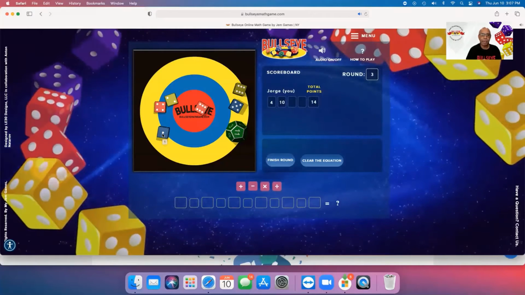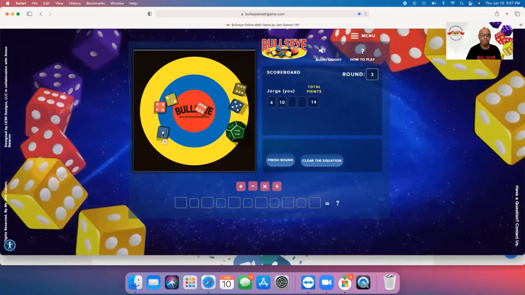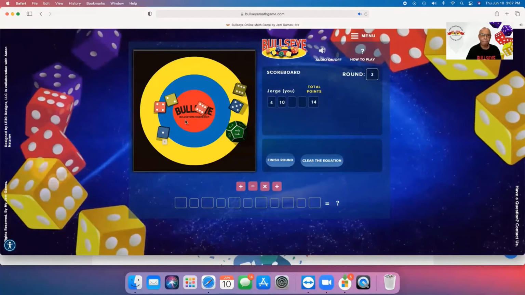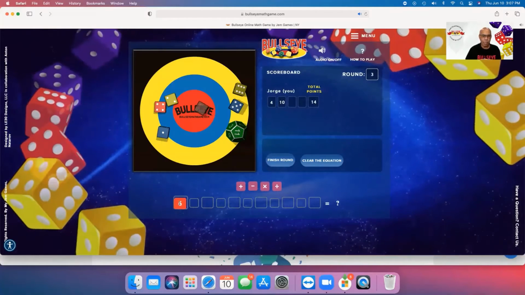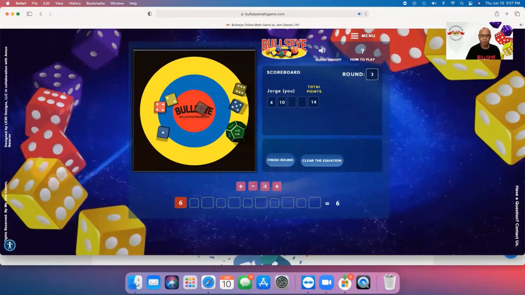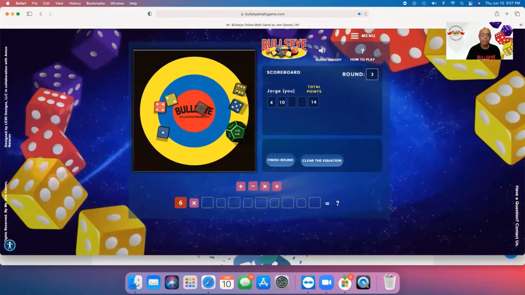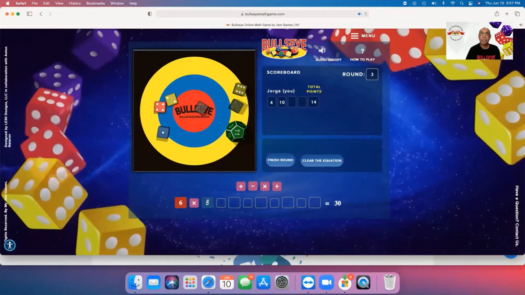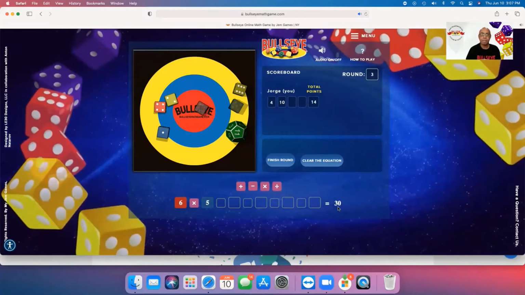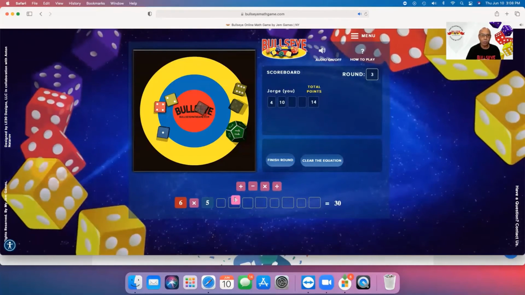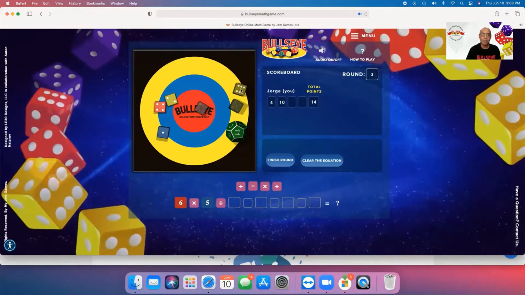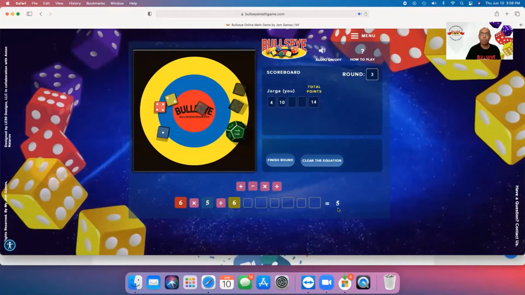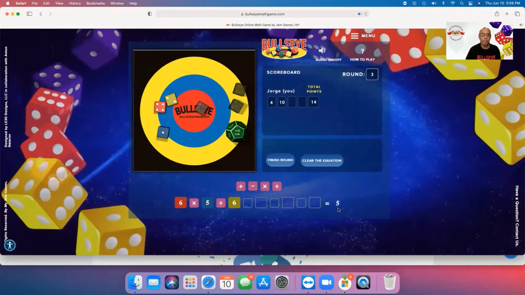Let's see what we have here. I'm going to bring down my 6 and I'm going to multiply that by 5. And that's going to give me the product of 30. So now I'm going to divide that 30 by this 6, and that's going to give me the quotient of 5, right?